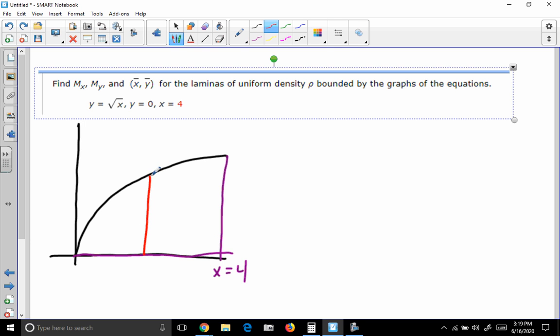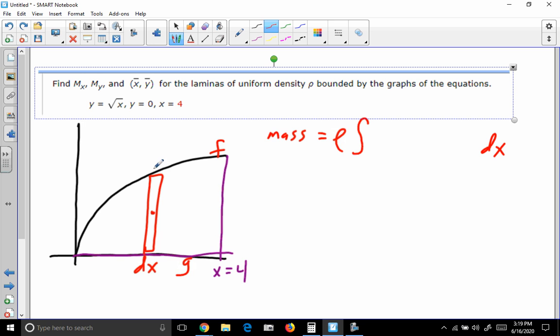So here's our sample element. We're going to call this F. We're going to call this G. So let's get the mass. That's our density times the integral. Our sample element is going to be dx.